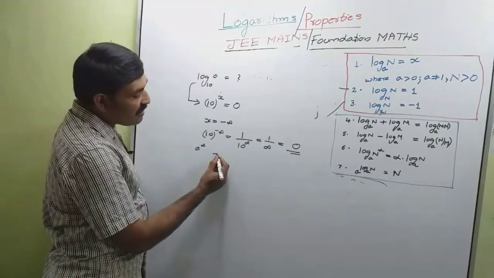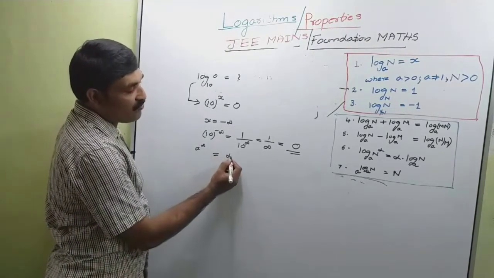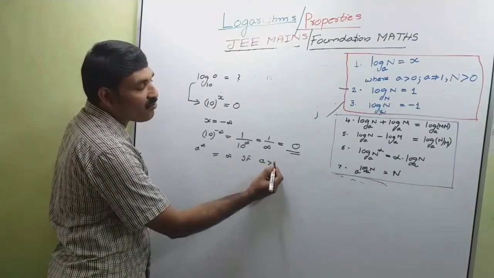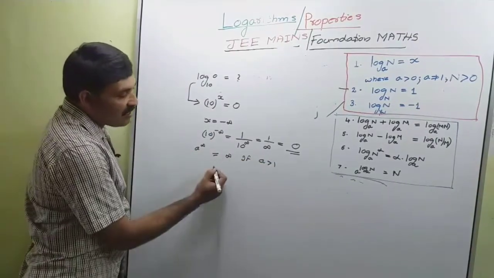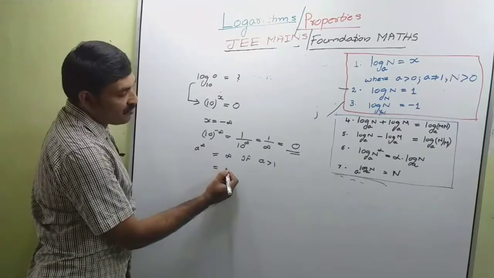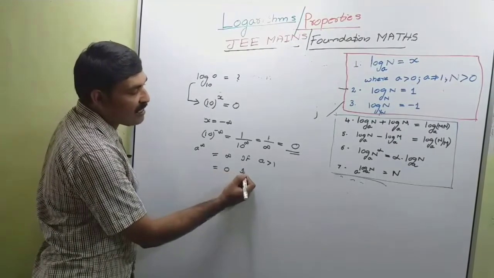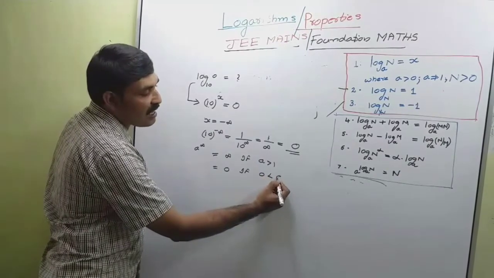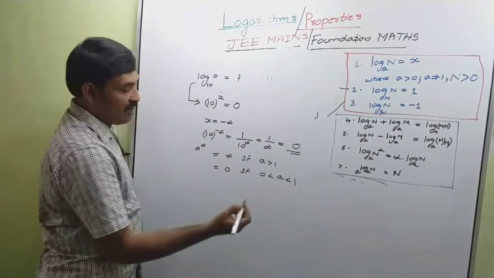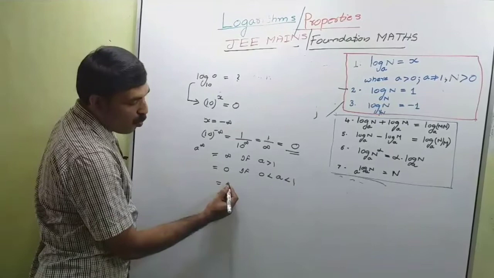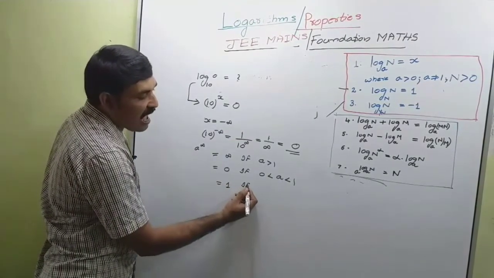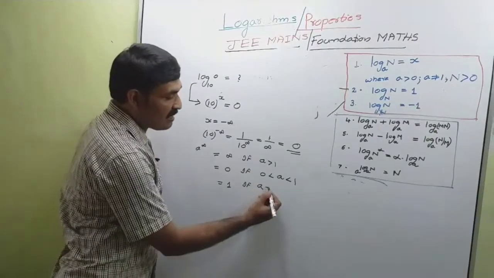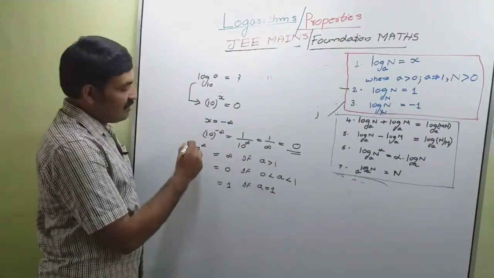A raised to infinity is equal to infinity if a is greater than 1, equal to 0 if 0 is less than a less than 1, and equal to 1 if a is exactly equal to 1.